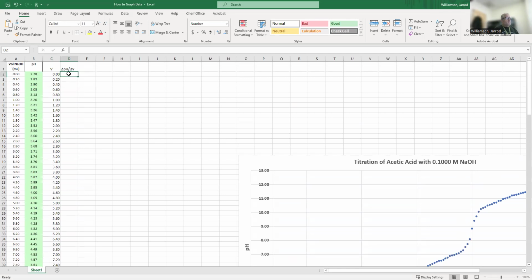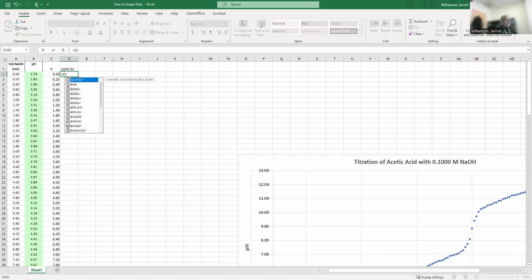But over here, to get delta pH over delta V, which is the first good approximation to the first derivative, I'm going to go equals parentheses B3, which is 2.83, minus B2, close parentheses, divided by A3 minus A2, close parentheses.